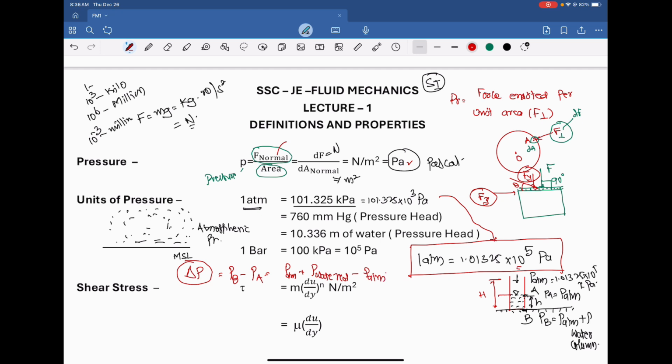Then, when you measure the pressure with any instrument, delta P is equal to P water column. For a height of h, the water column pressure is equal to rho g h.